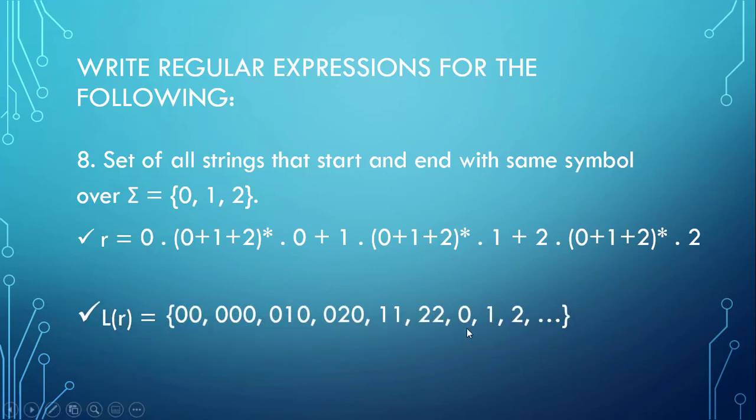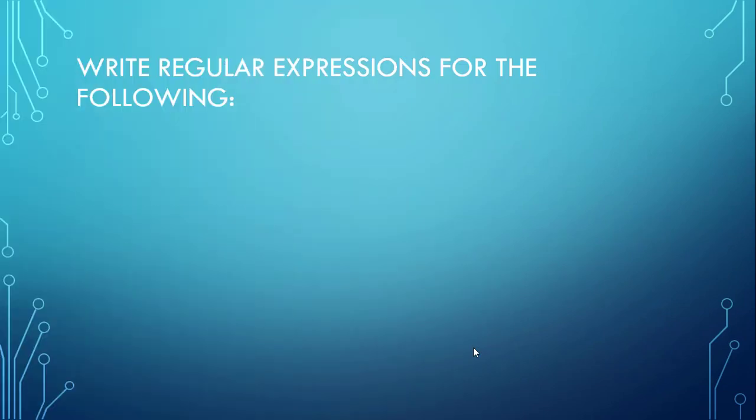As we can observe, other than 0 and 1 as starting and ending symbol, we also have 0, 1 and 2 as valid inputs because they start and end with the same symbol. So we need to add that as an exception case in the regular expression. In case you had not added it, please do so and rectify your answer of the regular expression. Let us move on to the next question.